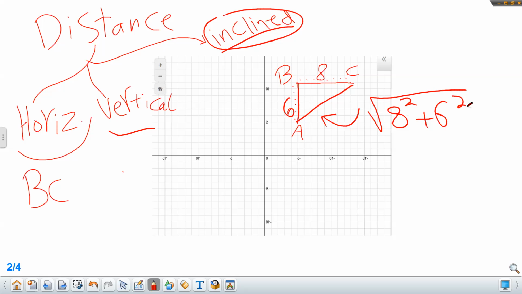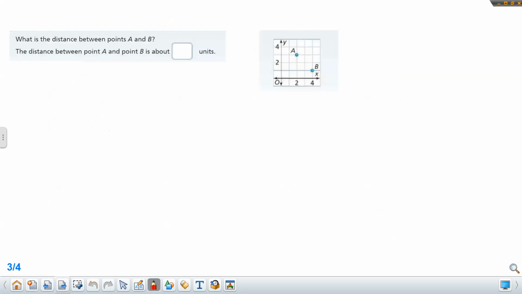It will be 10. So I can find the inclined distance using the Pythagorean theorem. It's easy, inshallah.